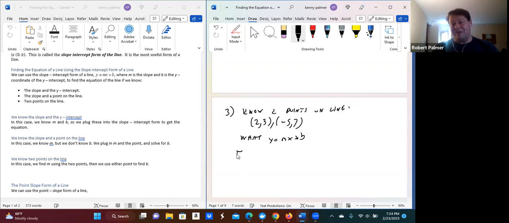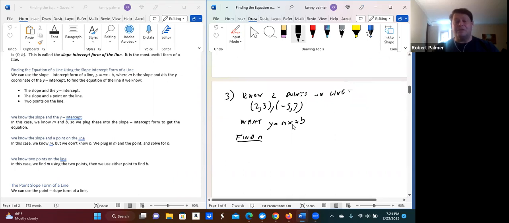So first, we need to find m. Find the slope. We know how to do that if you've seen my other video on finding the slope, or you know how to find the slope before. So the slope is the change in y over change in x. And so that's going to be 7 minus 3, change in y, over negative 5 minus 2, change in x.